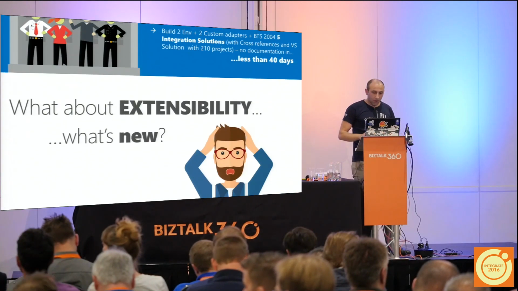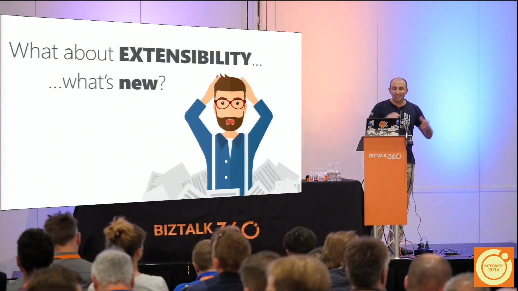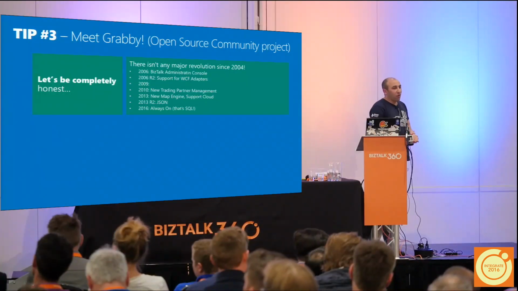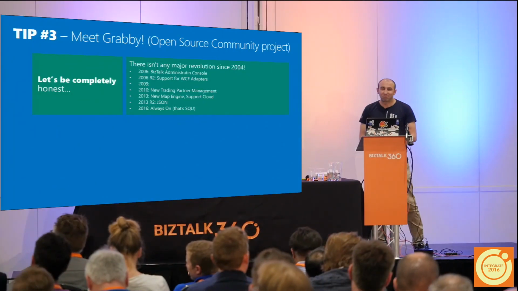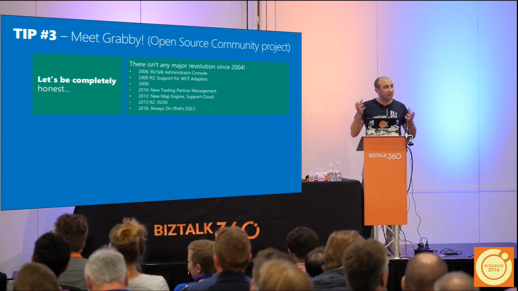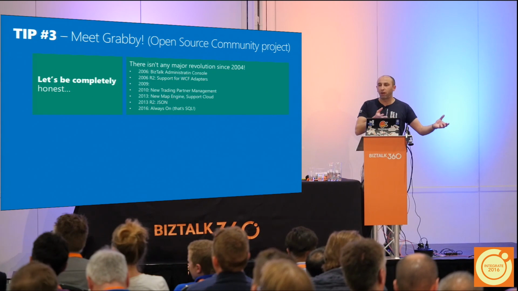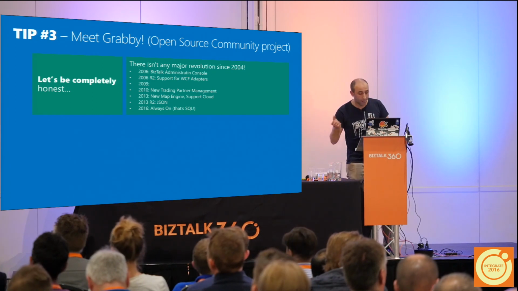And, okay, what about extensibility? What's new in BizTalk that can help us improve our development experience and so on? To be honest, nothing radical changed between 2004 and 2013 R2, no?